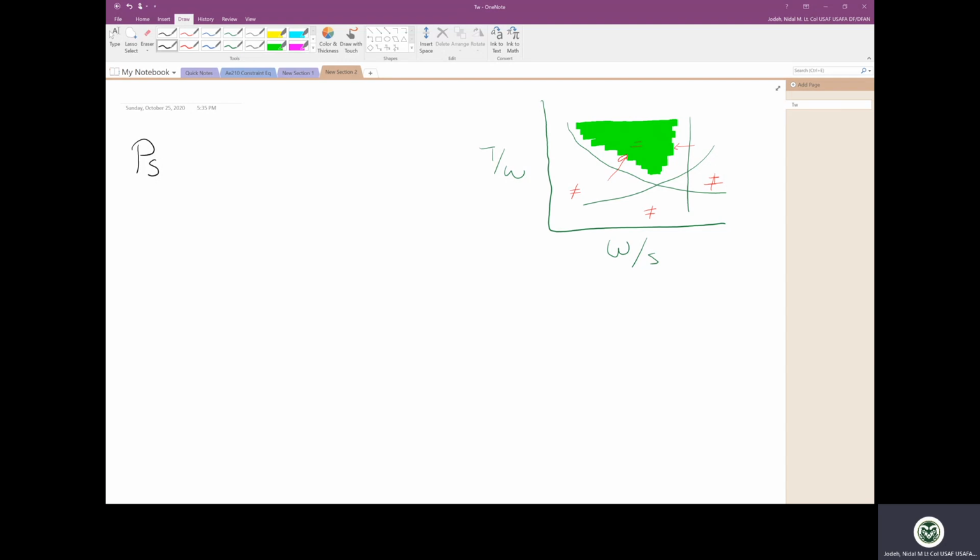But in this case, we want it in terms of thrust to weight and wing loading. And more specifically, we're going to want thrust at sea level over weight takeoff and weight takeoff over planform area.